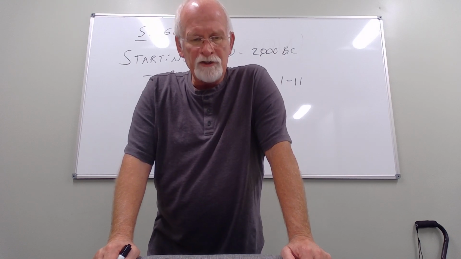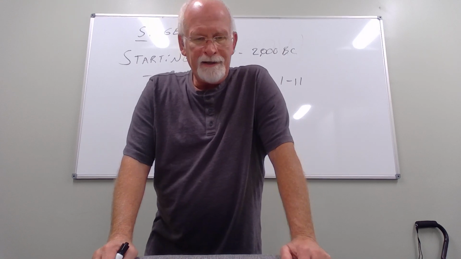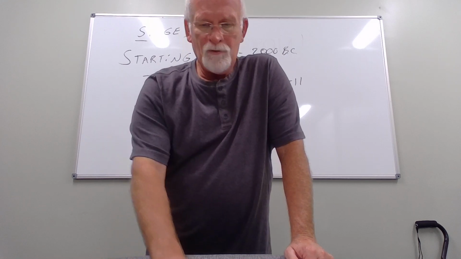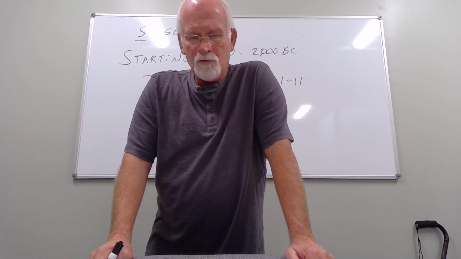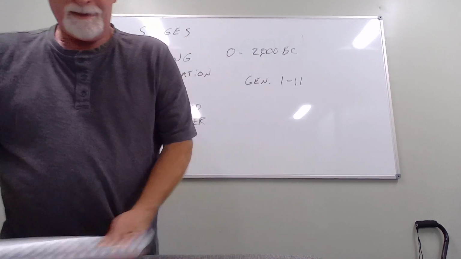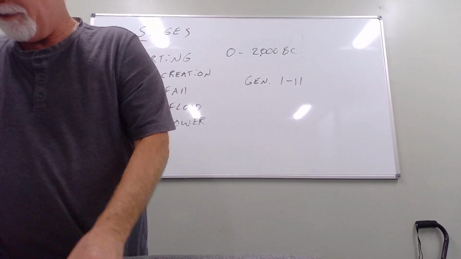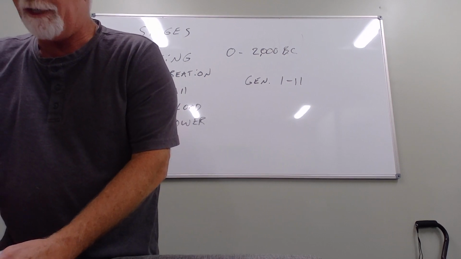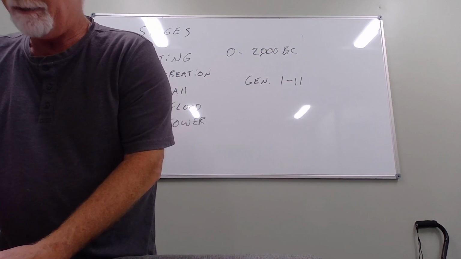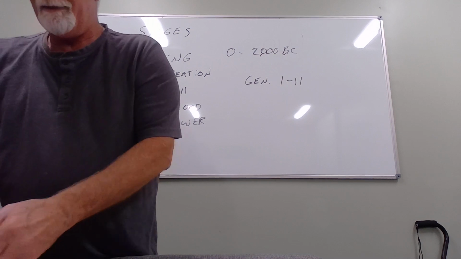We have 11 chapters to go over this. You don't have to get your Bible out, and I'll show you in mine. If you go to chapter 11 in the Bible and start with Genesis chapter 1, this is what we've got.